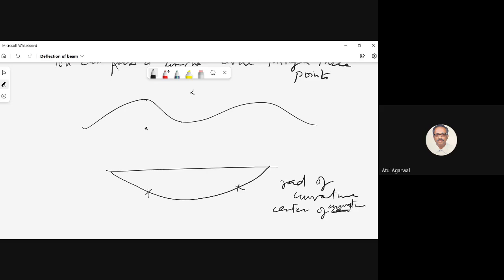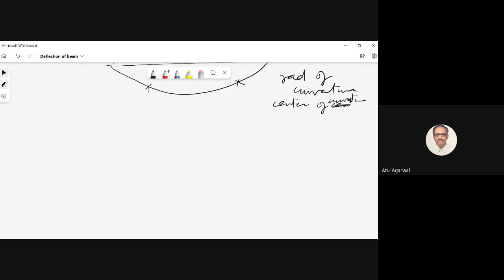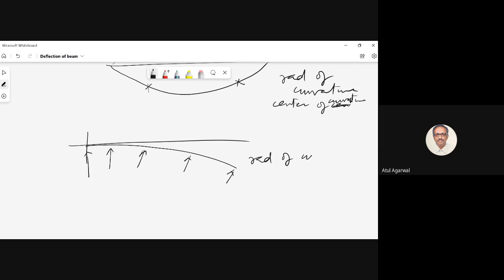But now when you are not having pure bending, this doesn't hold. Now I am having this situation for a cantilever. So your radius of curvature is constantly changing.